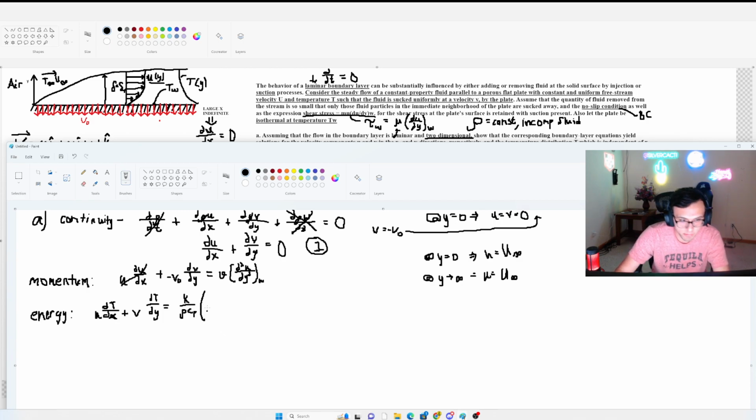And that's gonna be times the second partial of T over dy squared. And then this is at dynamic viscosity, not kinematic, dynamic, over that rho cp.